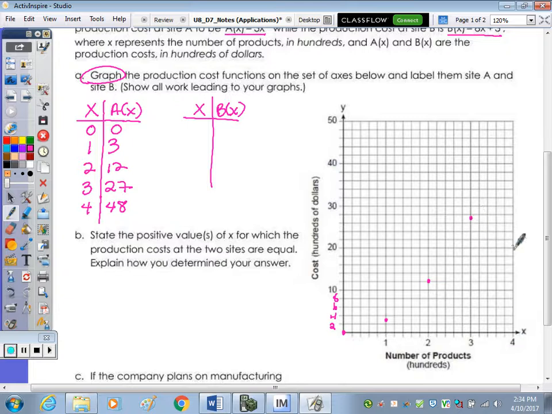Now, try to draw a smooth curve the best you can. And because it didn't say it wanted a domain of only from 0 to 4, we need to put the arrow. So I'm going to label this, you could call it a of x and write the equation, but I'm going to call it, this is going to be for site A.